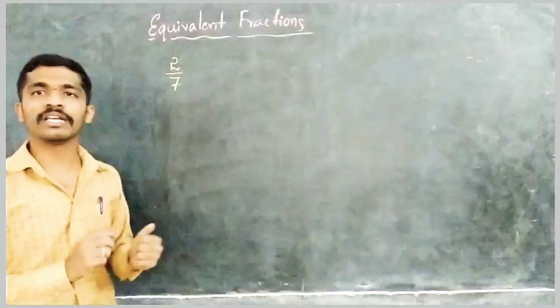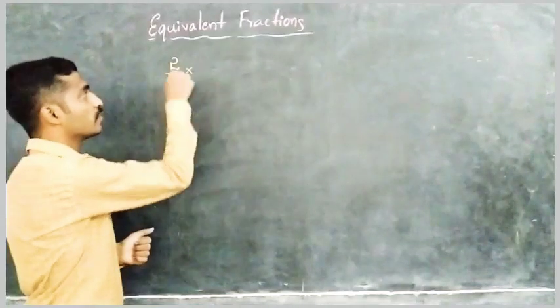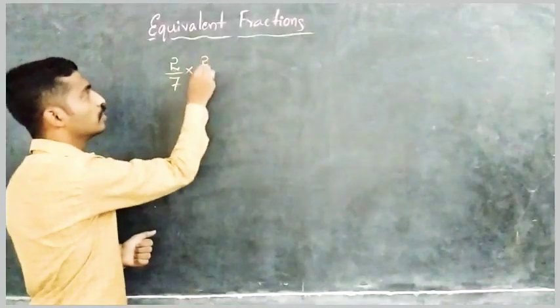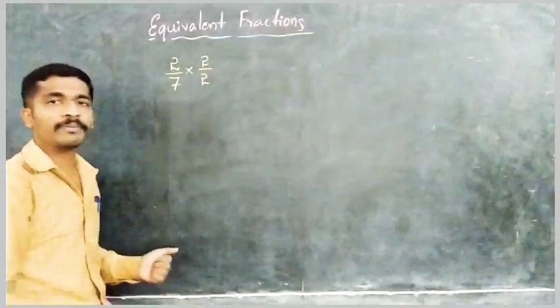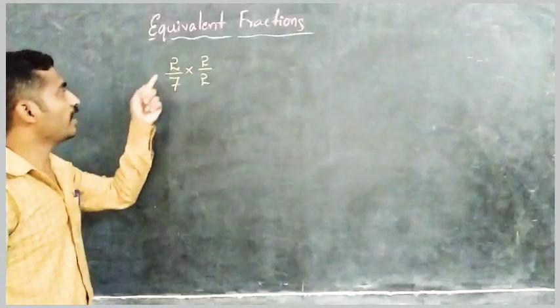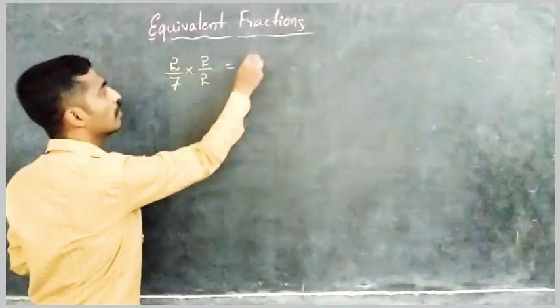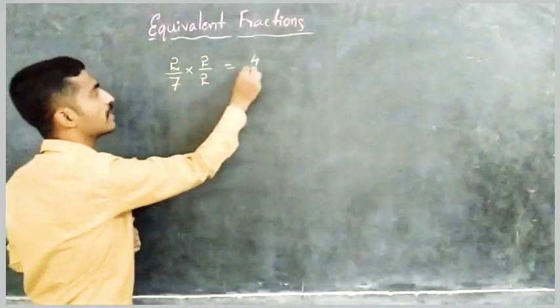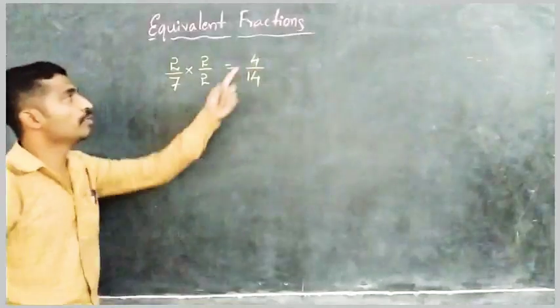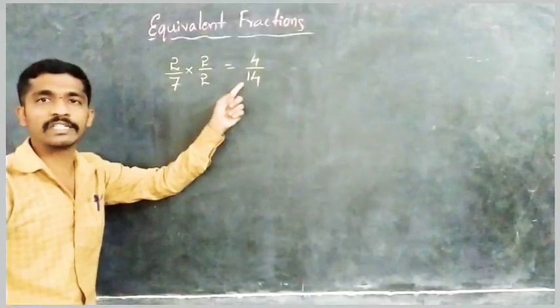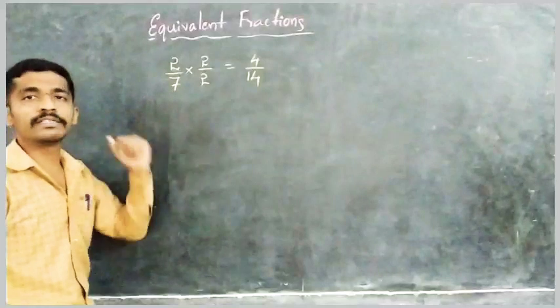Then you will get the equivalent. So let's start with 2. I will multiply the numerator and denominator by 2 by 2. So 2 2s are 4 and 7 2s are 14. So 4 by 14 is equivalent to 2 by 7.